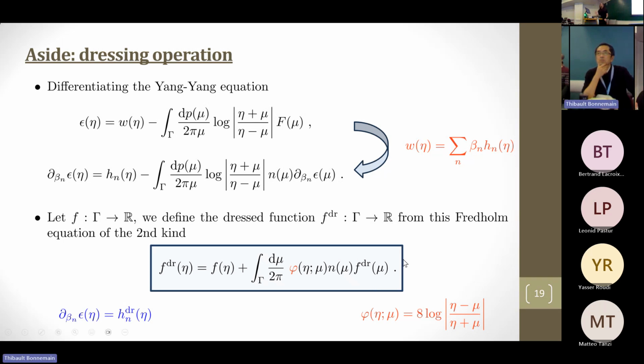In fact, as we will see, many key results can be expressed in terms of dressed quantities. Here I've written it in a fairly generic way, where I put a generic space shift, which is this one for KdV. So again, this is something that is generically present in GHD.